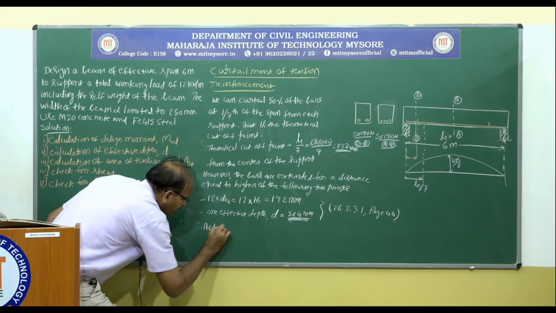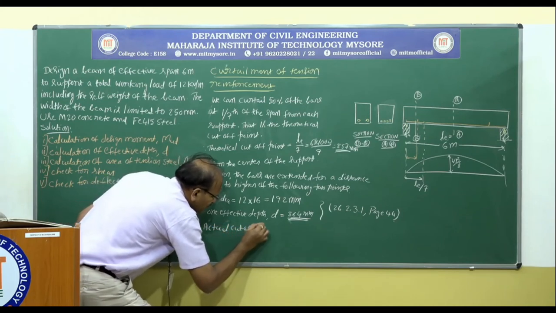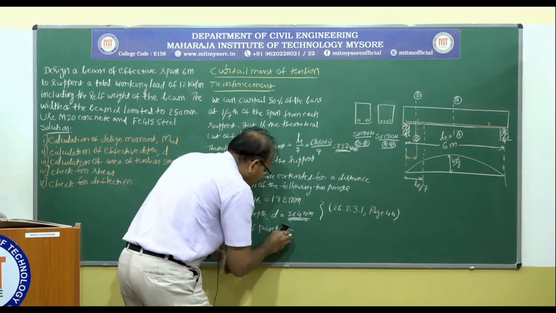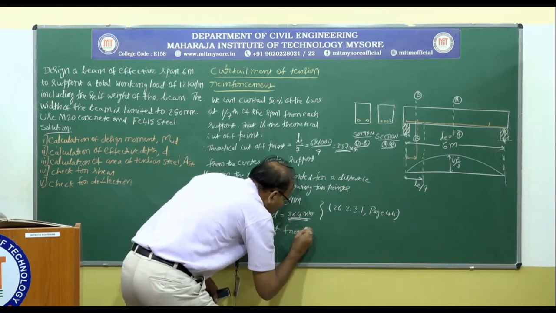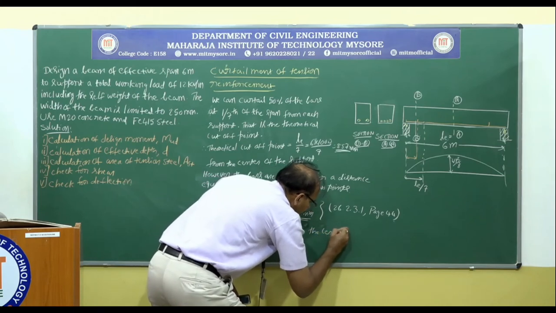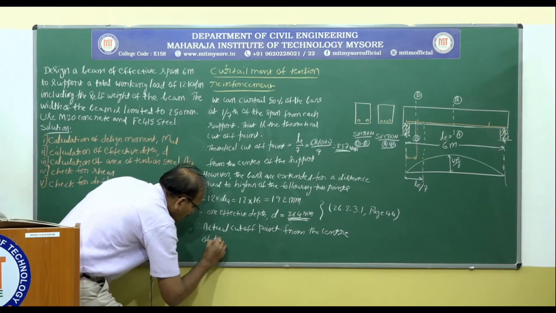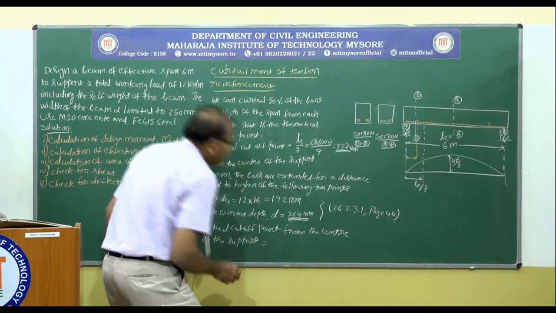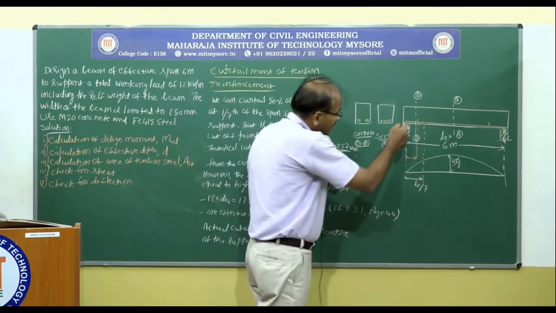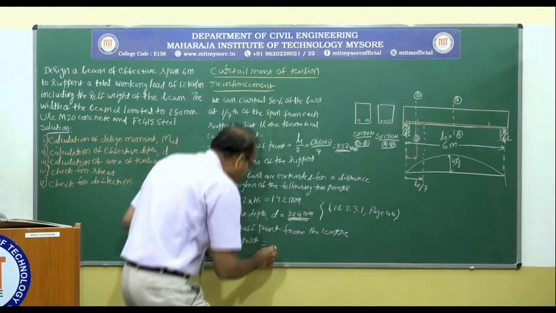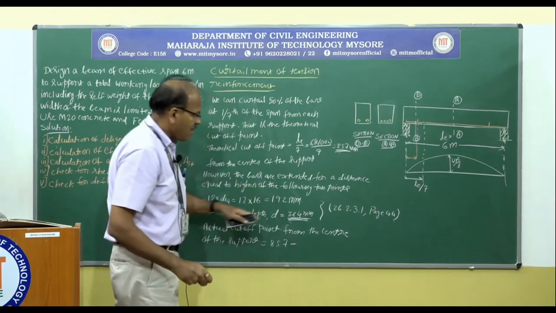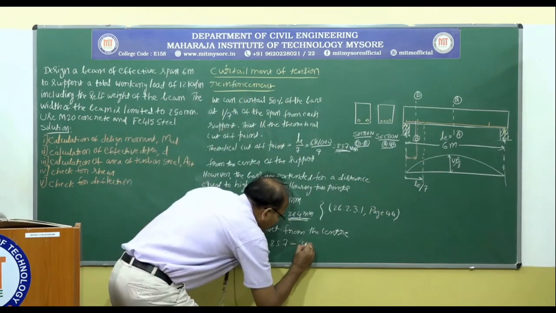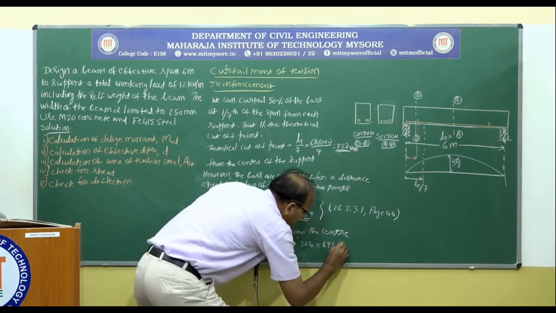Therefore, actual cutoff point from the center of the support equal to, so it is 857 from the center of the support to the theoretical cutoff point, 857 minus, so we are going to extend that for a distance equal to 364, that is equal to 493 millimeter.